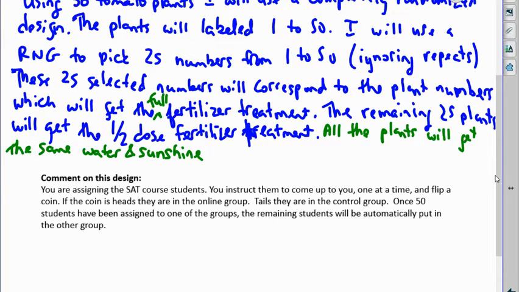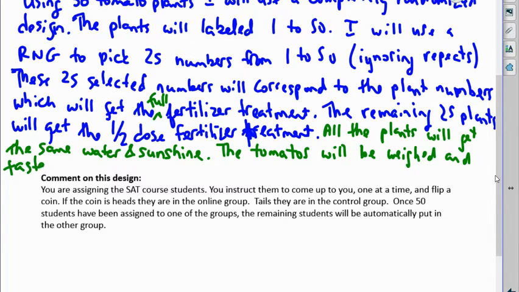And then what are you going to do to evaluate these tomatoes as being large and juicy? The tomatoes will be weighed, and how about we'll just taste them for large and juicy.